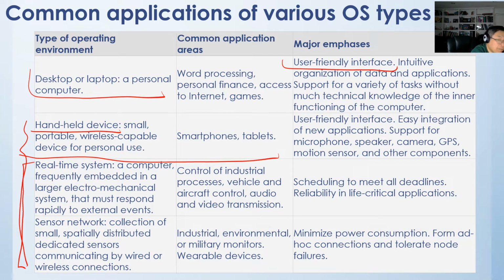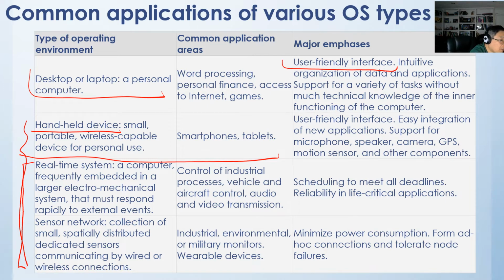Okay, so there are lots of things like the computer system in your vehicle, in your car, or in your air conditioning system. These are all embedded computer systems.